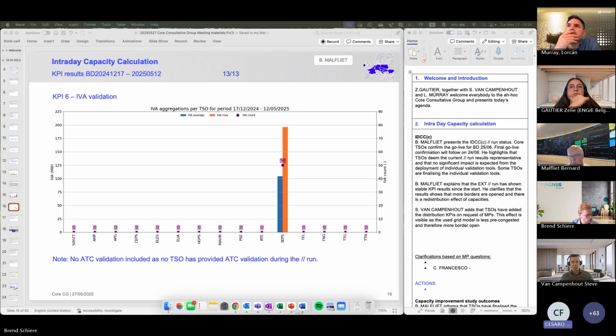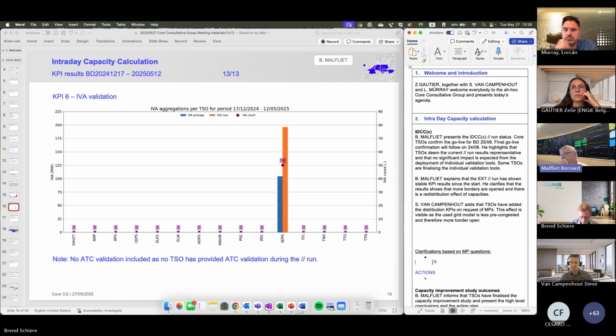These were more than a few instances, so not really close to 100%. I can post the chart in the chat so that you can also have a look. I know that JAO has had issues in the past months with the publication of DCC data, so I don't know if these are issues related specifically to the JAO platform or the process as a whole. If you could clarify a bit on this, please.